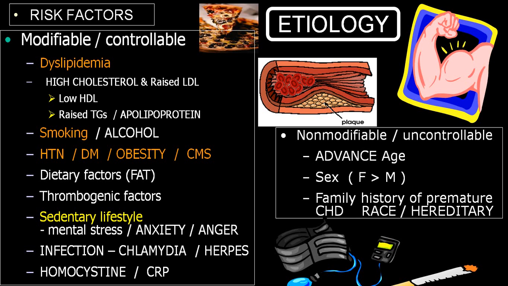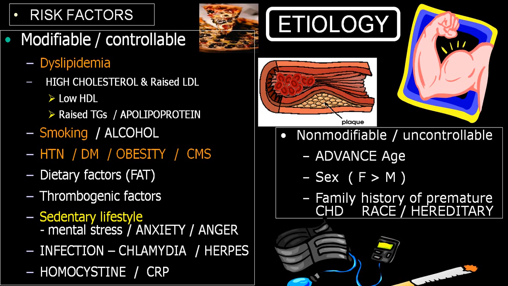As far as atherosclerosis is concerned, we already mentioned modifiable causes and non-modifiable causes. Among non-modifiable causes: advanced age, sex, males more prone than females, strong family history, race and heredity. While among modifiable, or what we call controllable causes: dyslipidemia, smoking, alcohol, hypertension, diabetes, obesity, which together become cardiometabolic syndrome.